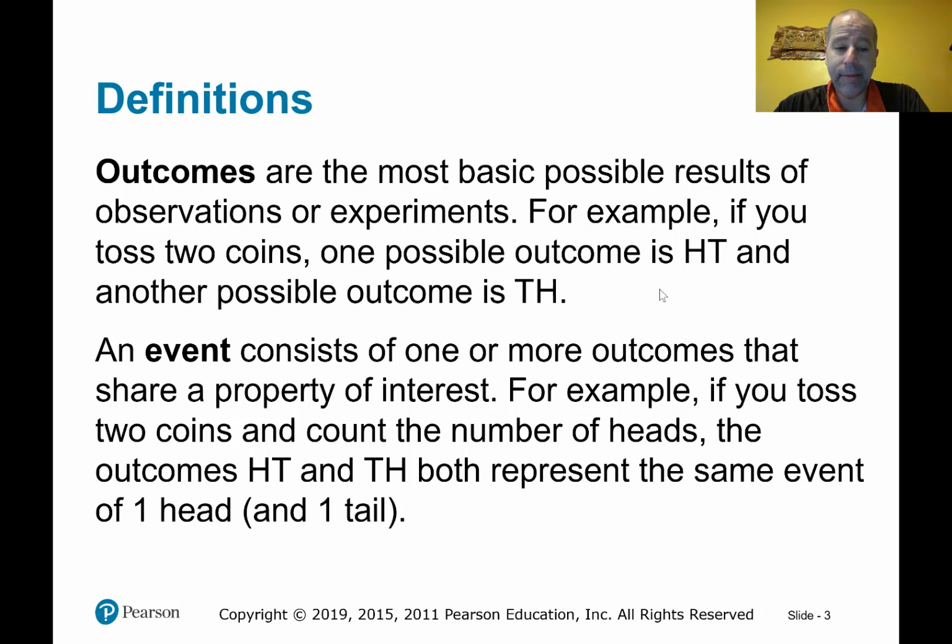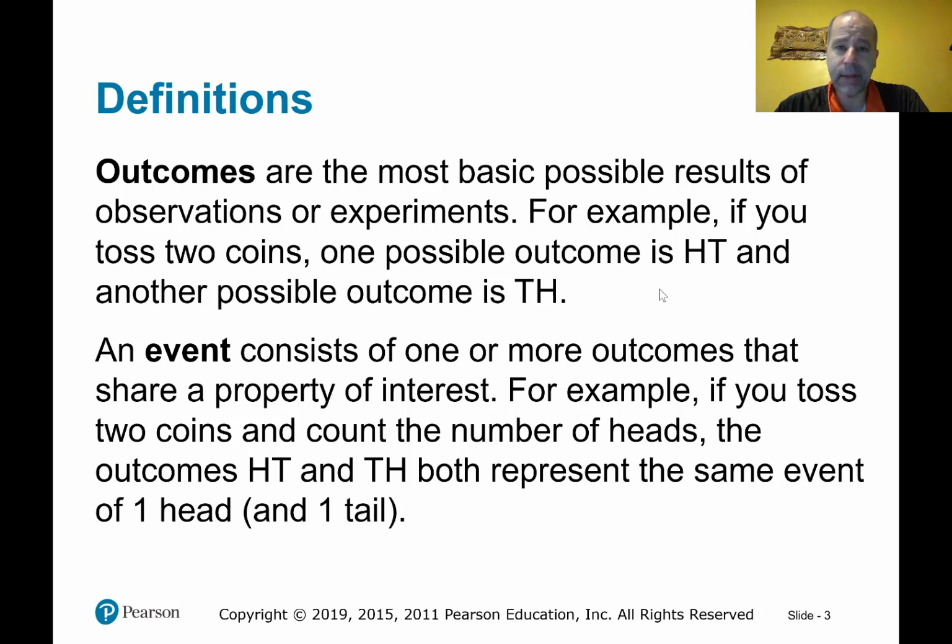And so if we look at the event, we define the event of getting 1 head on a flip of 2 coins, then there are 2 outcomes that will make that event happen, right? So we could either get a heads on the first flip and a tails on the second flip. That results in 1 head.